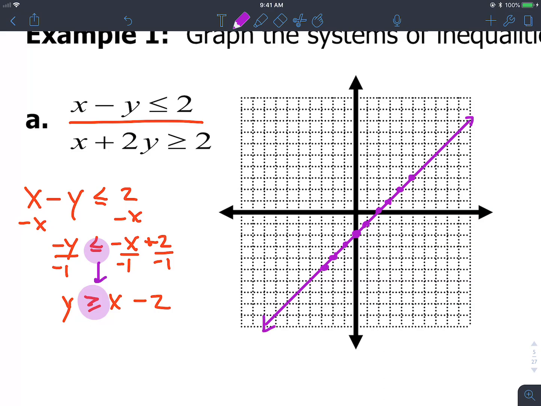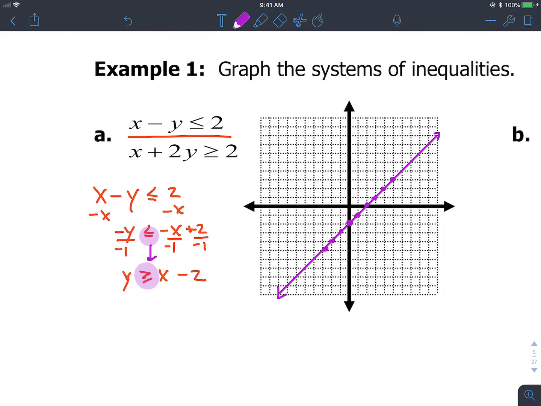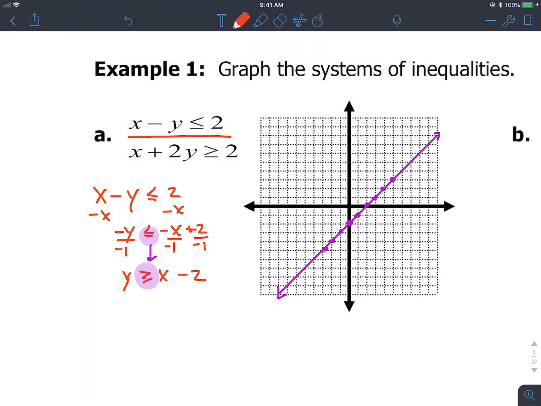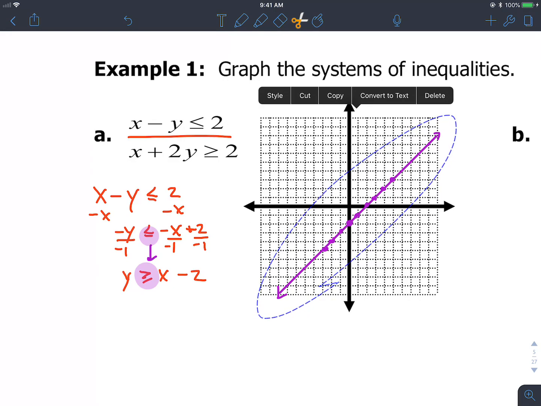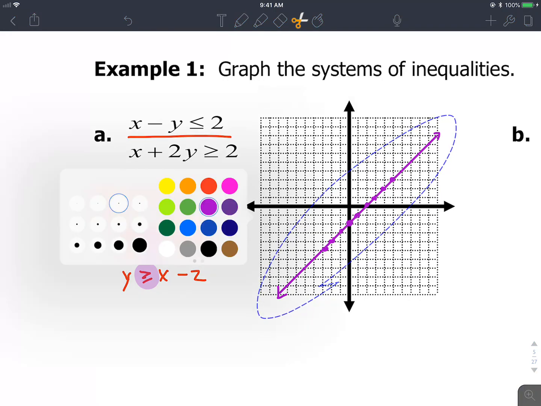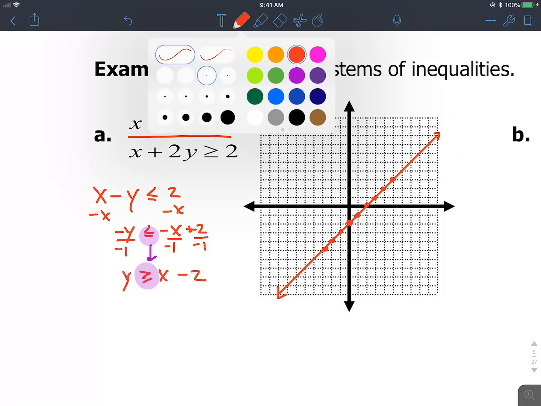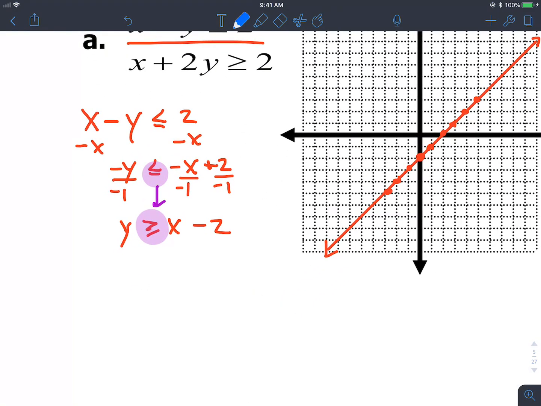It looks like it came out real good there. Okay, I guess I graphed it in the wrong color. My bad. I can change the style so I have it matching up. The second equation we'll do in blue. So it's x plus 2y greater than or equal to 2.